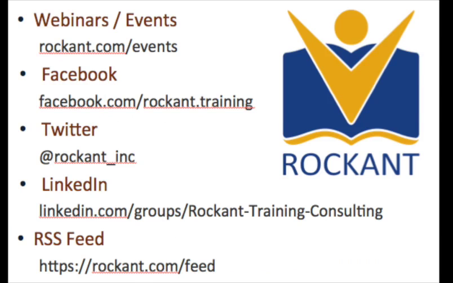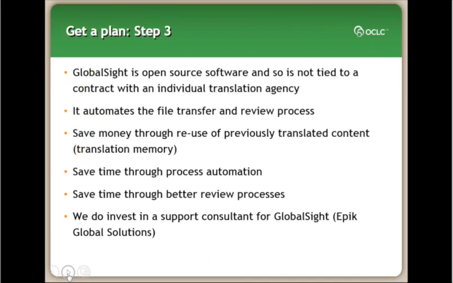So step 2, got to check that off of my list. Step 3 actually was going on at the same time as we were looking at the CMS and implementing that. So a lot of this happened in parallel. We decided to go with Global Site as our translation management system.